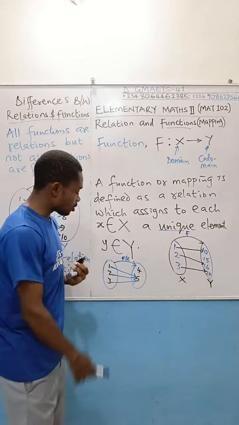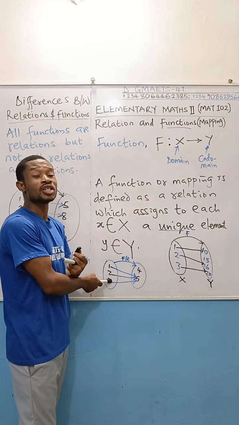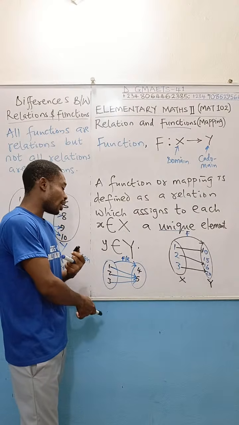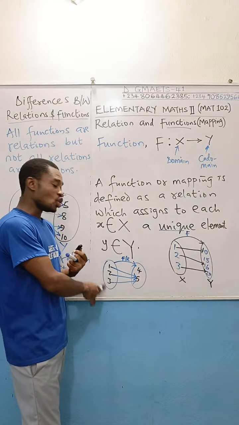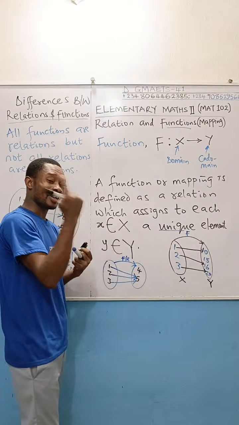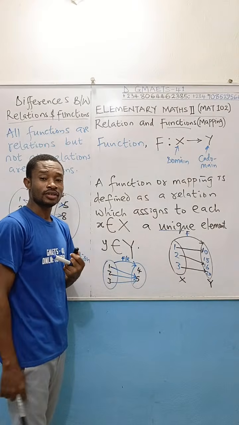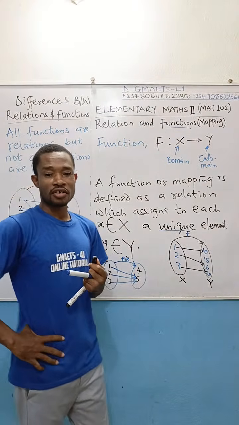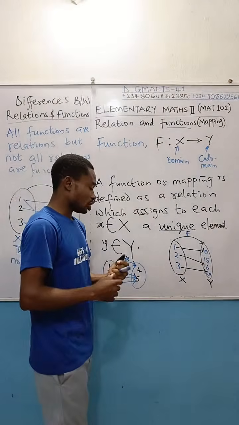So take note in case you see something like this. This kind of function is called a constant function. It means for any value of the domain, you will get a particular value in the codomain. It's possible for us to have such a function, and I'm going to show you one quickly.